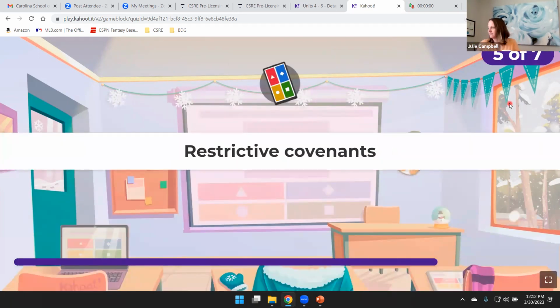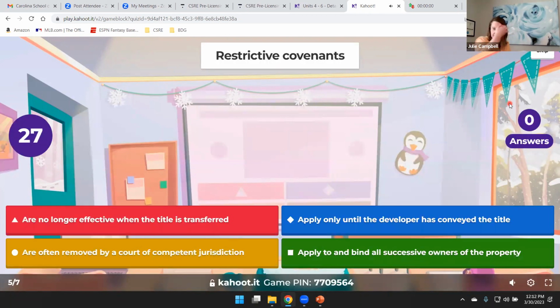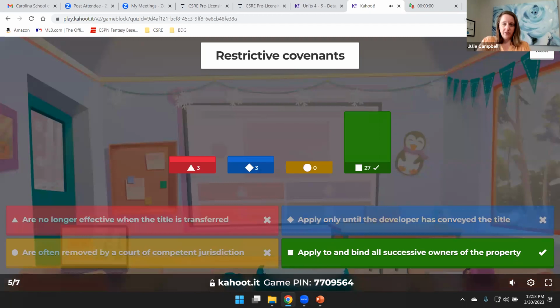Restrictive covenants. Restrictive covenants apply to and bind all successive owners of the property.